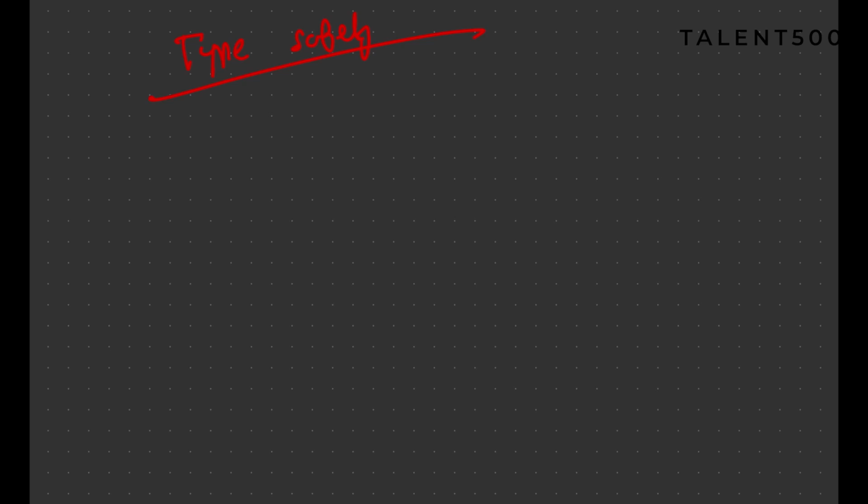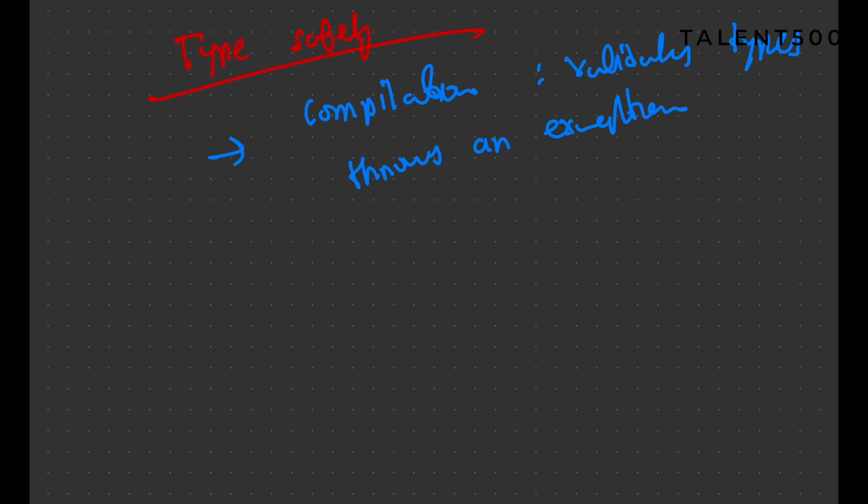So type safety means the compiler validates types during compilation. The compiler validates the type of all the variables, and it throws an exception if a wrong type has been assigned to any variable.